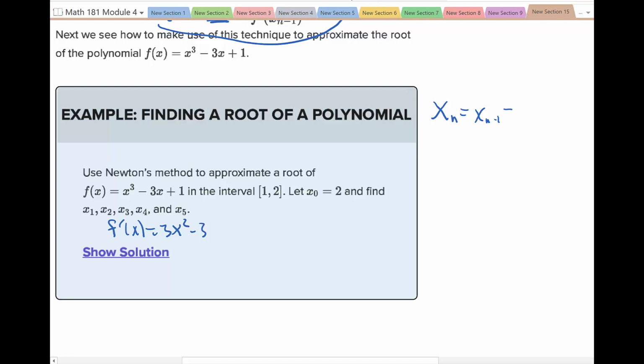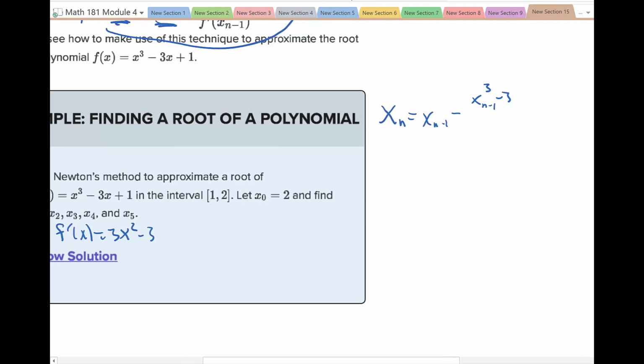I forgot to put the x sub n minus 1. So it's x sub n minus 1 cubed minus 3 times x sub n minus 1 plus 1 over 3 times x sub n minus 1 squared minus 3.